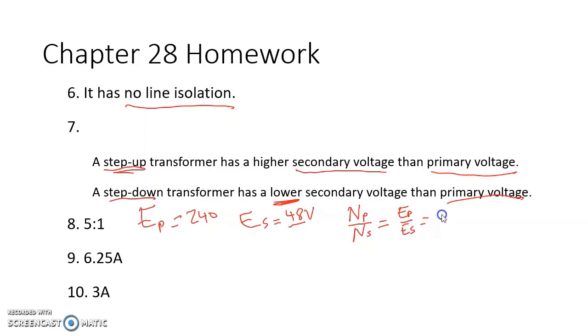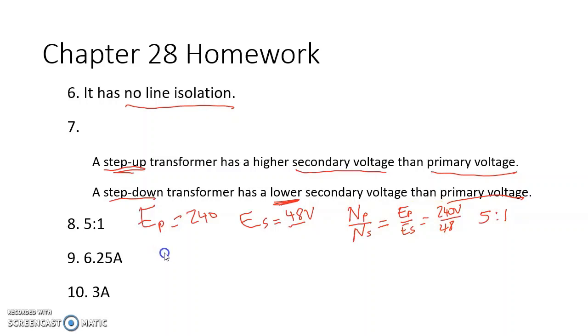That equals 240 volts over 48 volts, and that yields 5. So the turns ratio is 5 to 1.